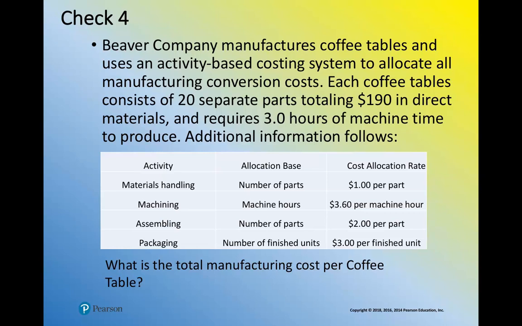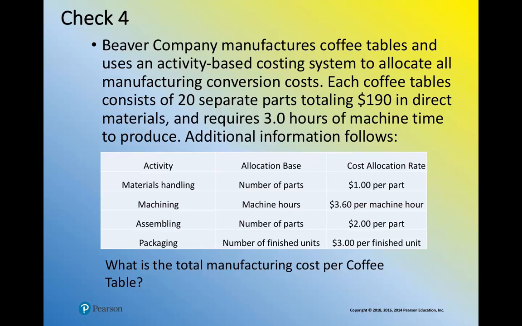That's how much our total manufacturing cost per coffee table would be based off of activity-based costing. Where these problems can get confusing is just not knowing what numbers to use, what activity rates. But the simple thing is, go through each one of your activities and multiply your cost allocation rate, the far right column, by the actual activity in the problem.